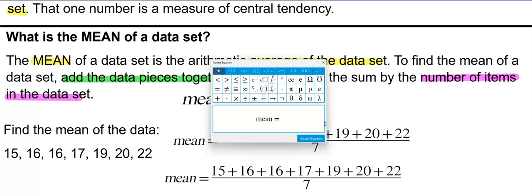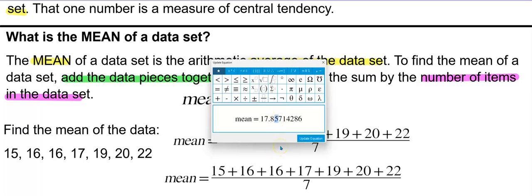I'm going to divide that by 7, and that gives me 17.85714286. Now it just kept going on and on. So I don't want all of these. Let's go to 2 decimal places.